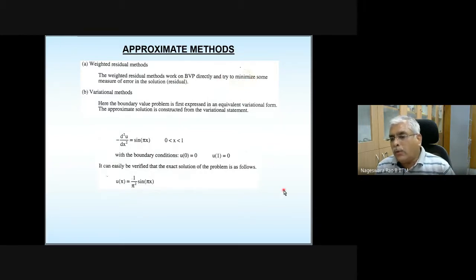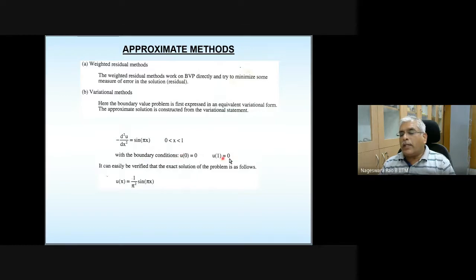And to do this entire exercise, to understand these weighted residual methods and variational methods, I'm going to select a problem for which I know the exact solution. For that I have taken a second order differential equation, and the domain over which I need to solve it. A second order differential equation requires two boundary conditions to solve.